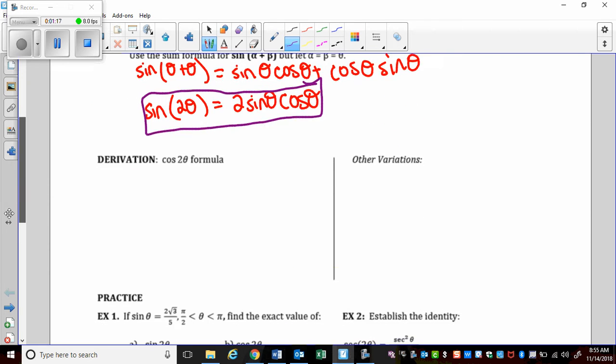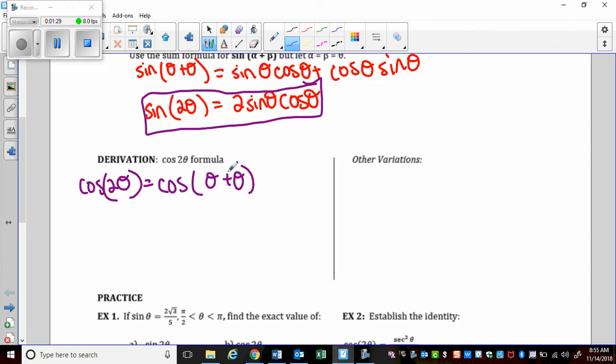Alrighty, let's look at the cosine formula. Cosine of 2 theta equals cosine of theta plus theta. Remember, the cosine formula is a little bit different. It's cosine of theta times cosine of, well, this theta. And then if this is plus, this is going to be a minus.